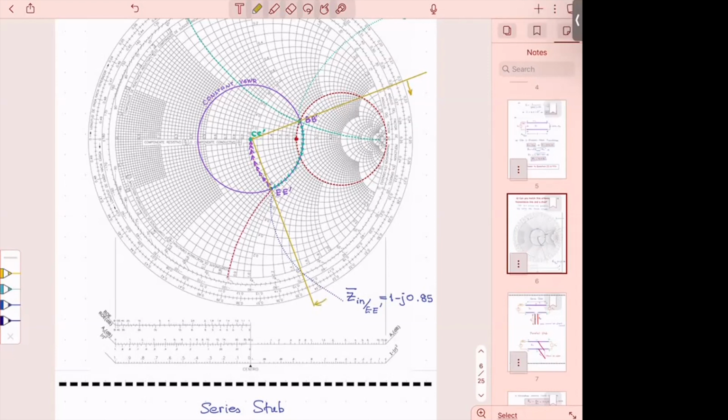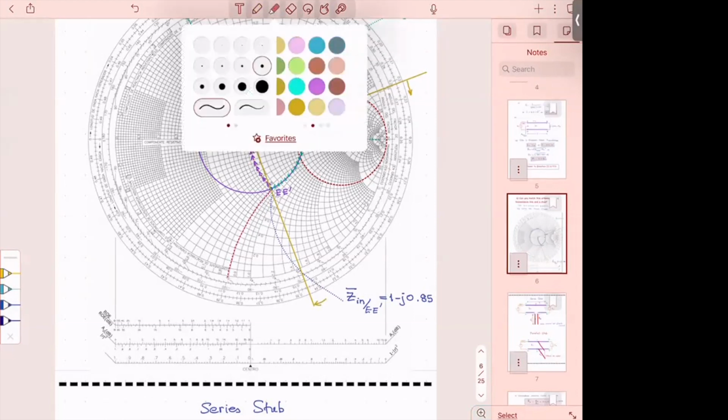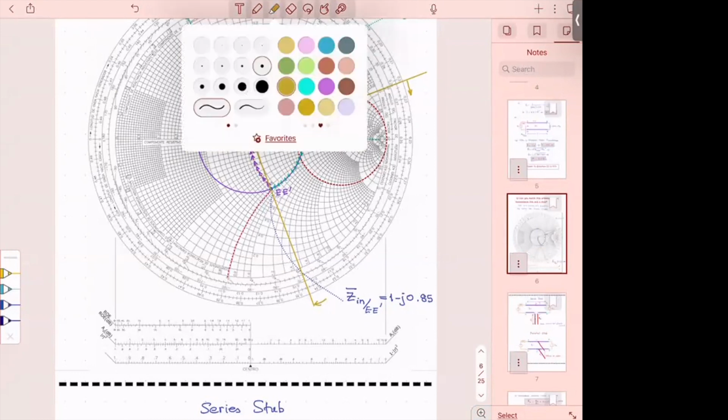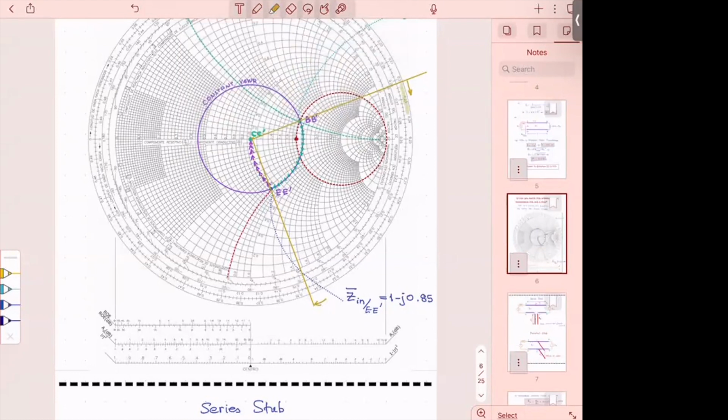Now, why do I do this? Because the only way to measure length as we move is to go to the outer circle. Remember that? So what I have to do is to go to the outer circle, and then what I will do here is to highlight it. Highlight the circle, I'm going to pay attention to what it says. That on the Smith chart represents the physical length.